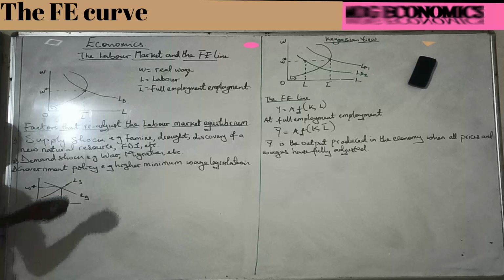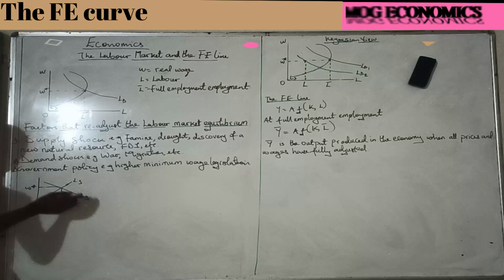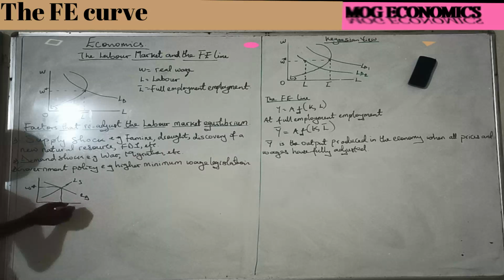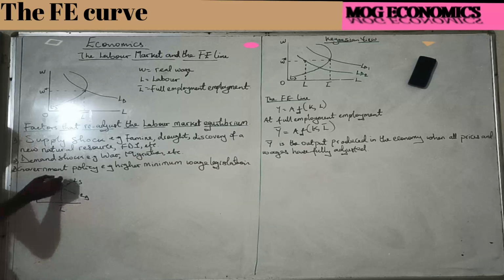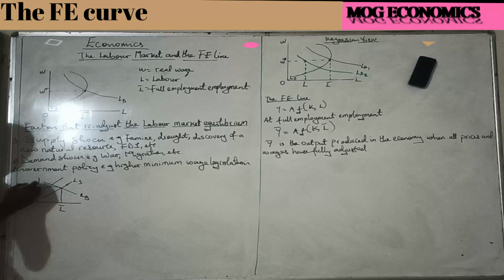The next thing is something happens that reduces labor supply. The classical economics school of thought is saying that this is a new equilibrium.